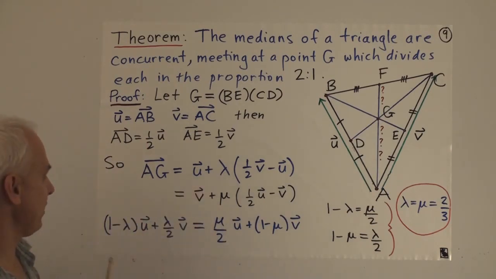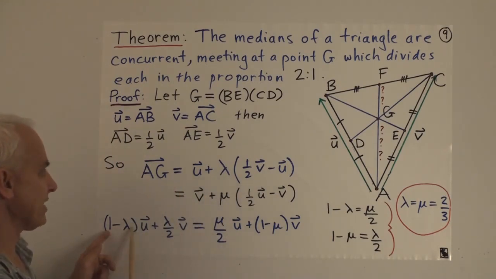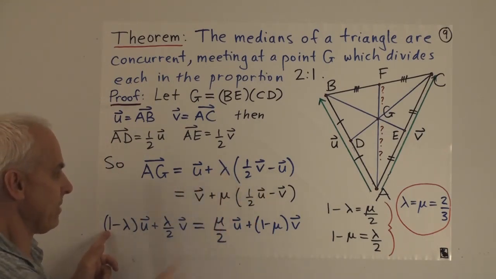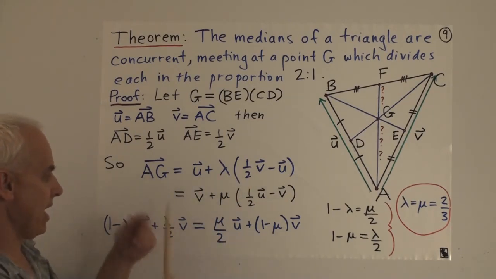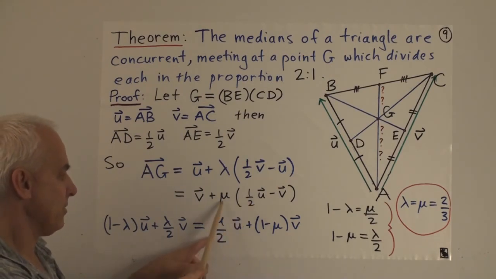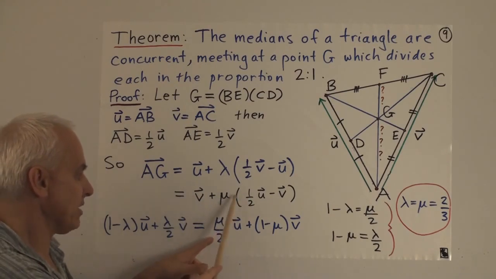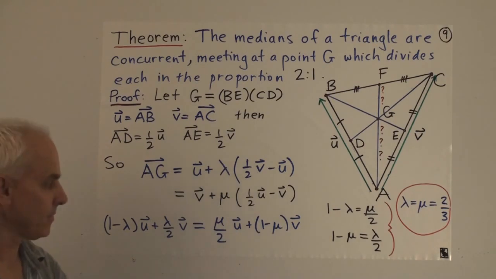And then we equate these. So this one here becomes u times 1 minus lambda, because there's a 1 there and a minus lambda there, plus lambda over 2 times v. And over here, how many u's are there? There's 1/2 of u times mu right there. And v's, there is 1 here and minus mu of them here. So 1 minus mu times v.